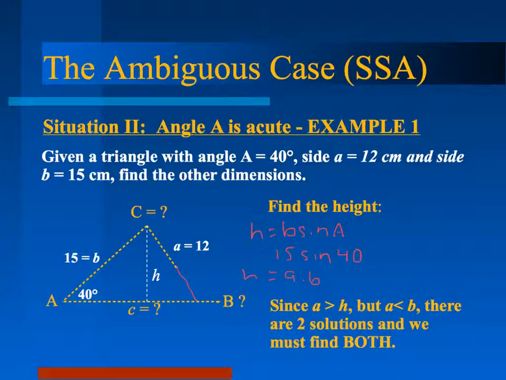And A is smaller than B, so we are going to have two different triangles. And we need to find the solutions for all of the two triangles. So I'm going to focus on finding everything for one triangle, and then I'm going to do all my work again to find the second triangle on the next slide.